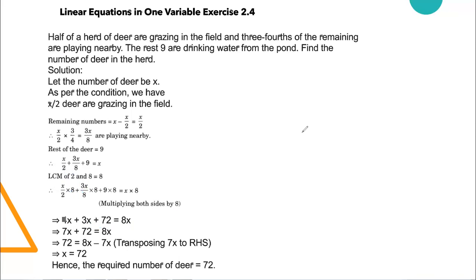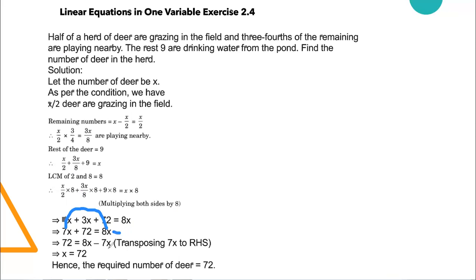Alright, let's go forward now. Since we got this, it's really simple now. We'll just add 4x and 3x, which is 7x, plus 72, which is equal to 8x, right? Now we can transpose 7x towards the RHS, which converts to minus.